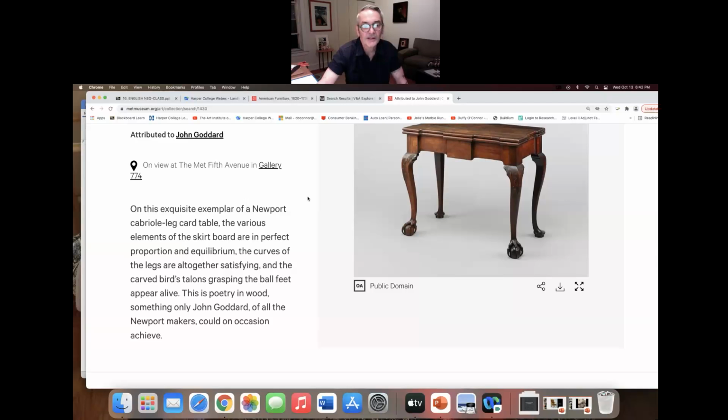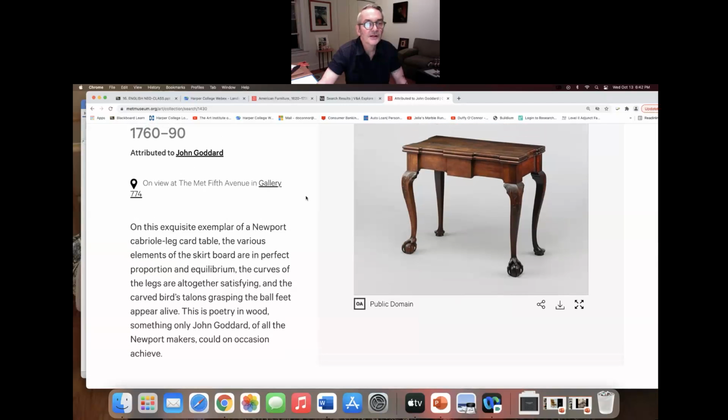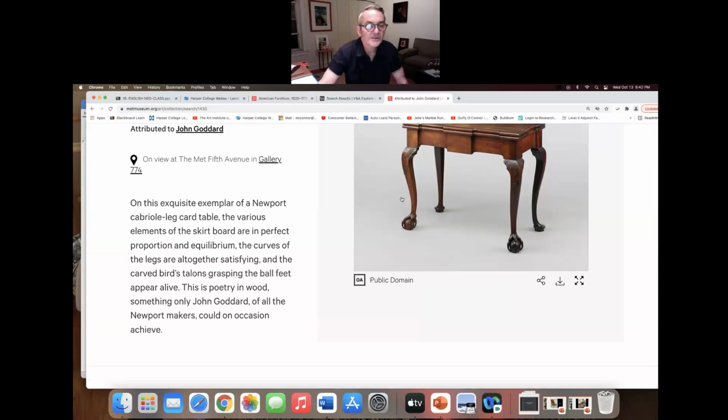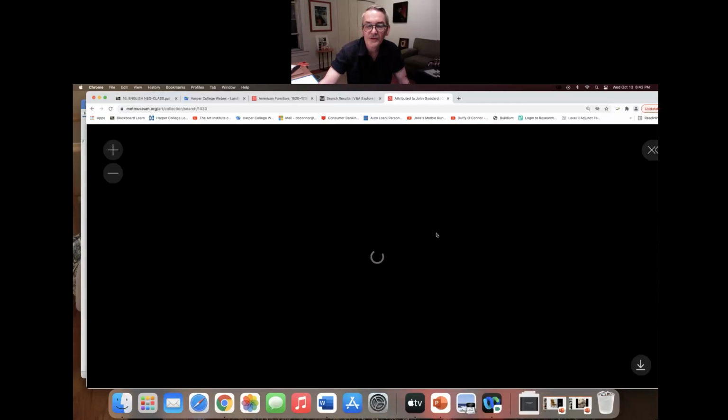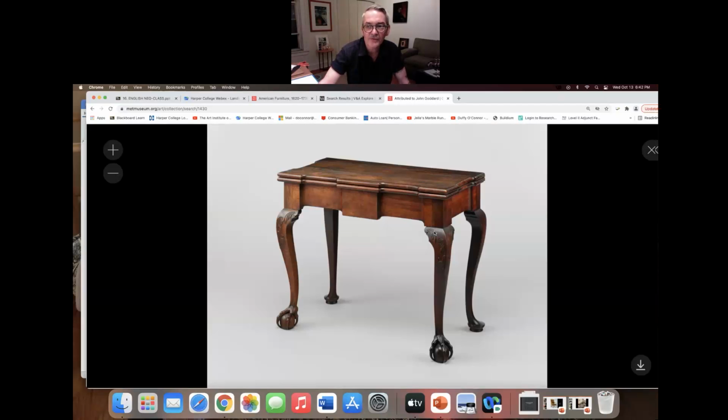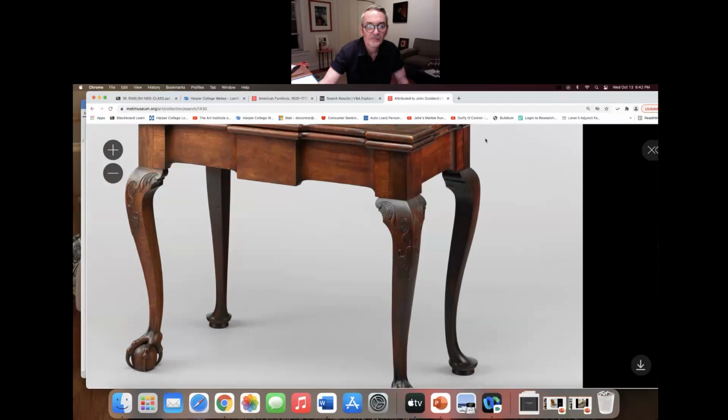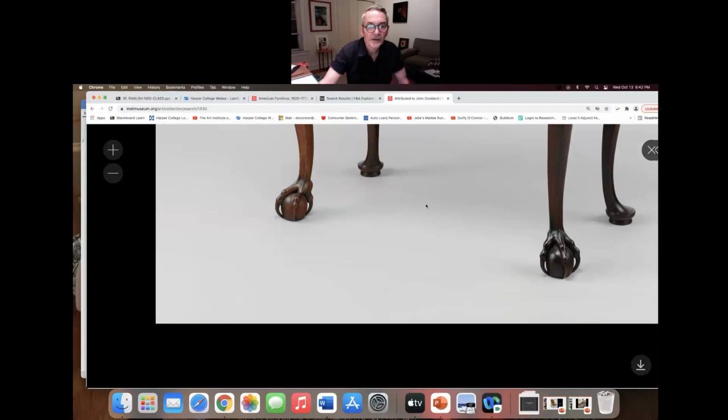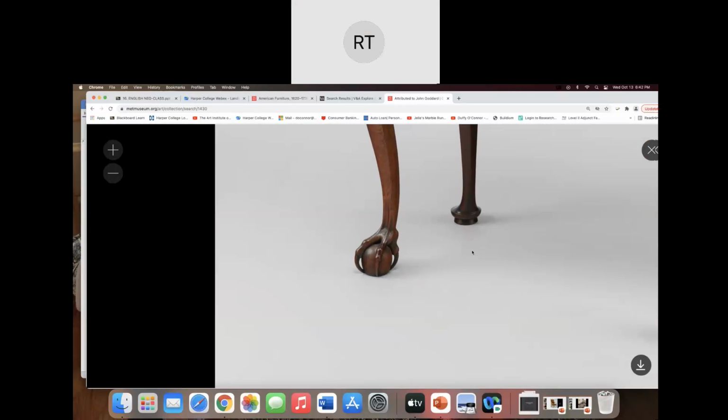This is someone who wanted to be a writer. Poetry in wood. Well, look at those. Look at the ball and claw foot. Isn't that beautiful?